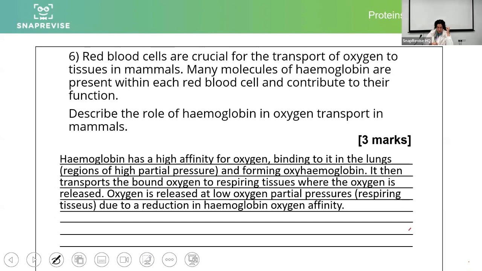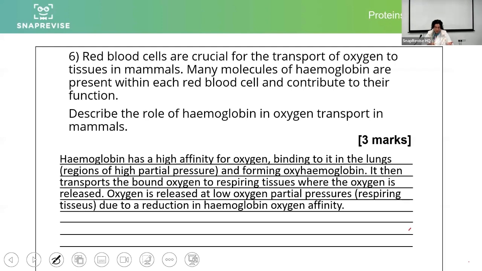It then transports the bound oxygen to respiring tissues where the oxygen is released. How? Because oxygen is released at low oxygen partial pressure, so the bottom left part of my curve, at respiring tissues. Respiring tissues have low partial pressures of oxygen because they're using the oxygen, of course, for respiration.